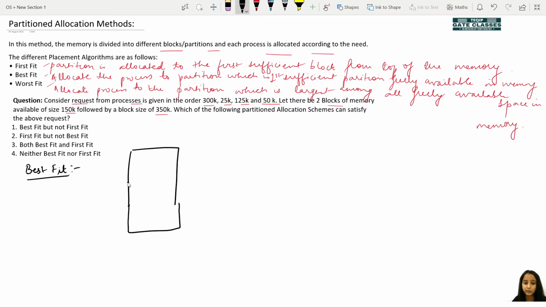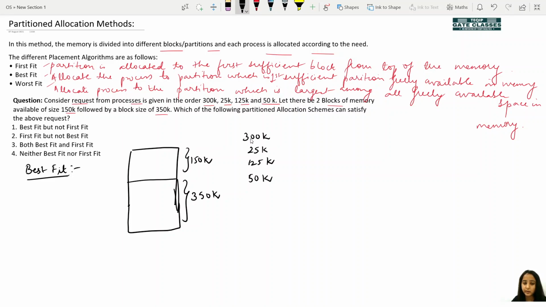Suppose I am having this memory block. This is of size 150k and this is of size 350k. So the processes are 300K, then 25K, then 125K, followed by 50K. This is the order of the processes.